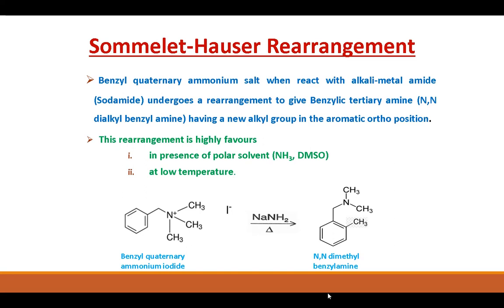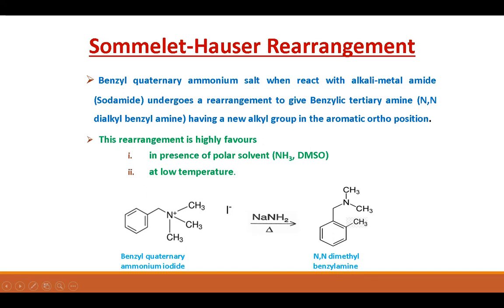When benzyl quaternary ammonium salt reacts with alkali metal amide, best example is sodamide, then it undergoes a rearrangement to give a benzylic tertiary amine, that is N,N-dialkylbenzylamine, having a new alkyl group in the aromatic ortho position. For example, benzyl quaternary ammonium iodide rearranges in the presence of sodium amide to give the ortho-methyl derivative of N,N-dimethylbenzylamine.